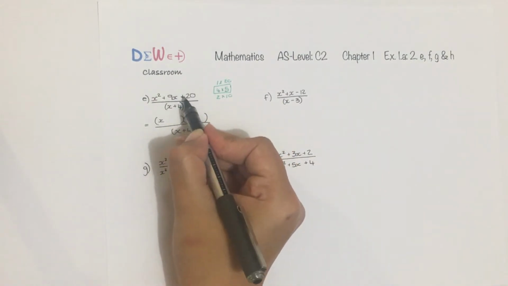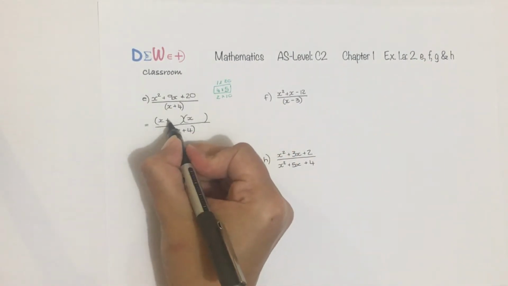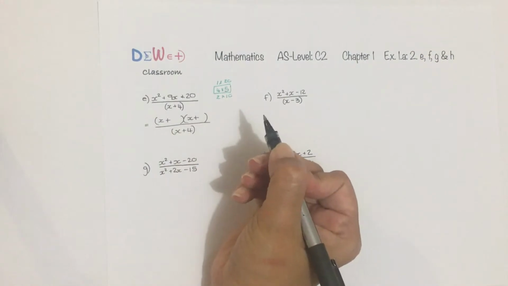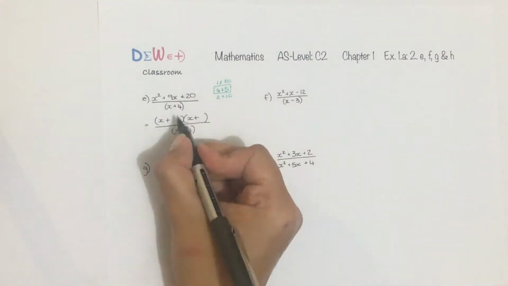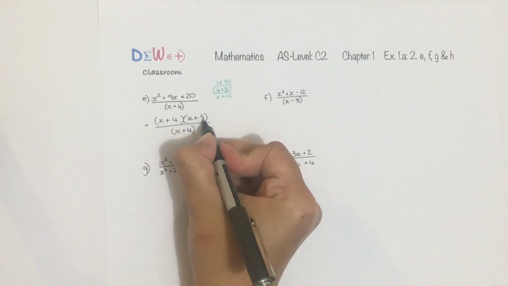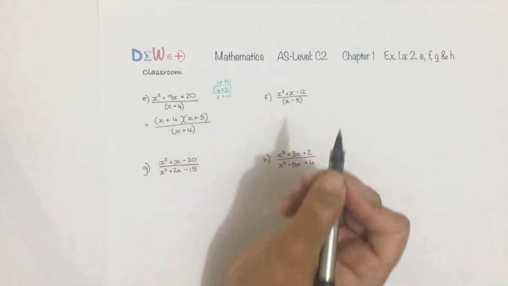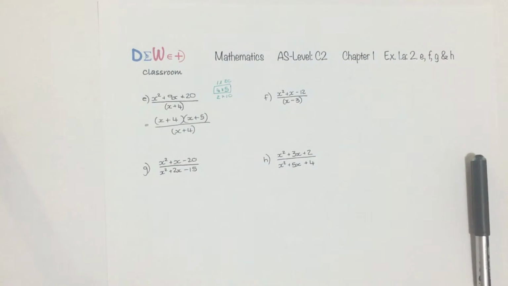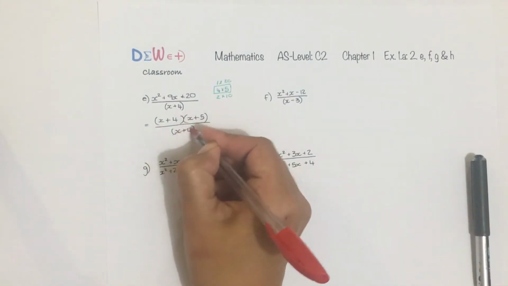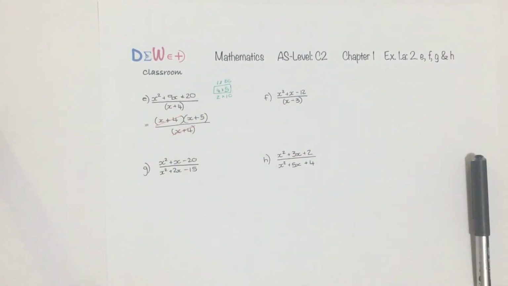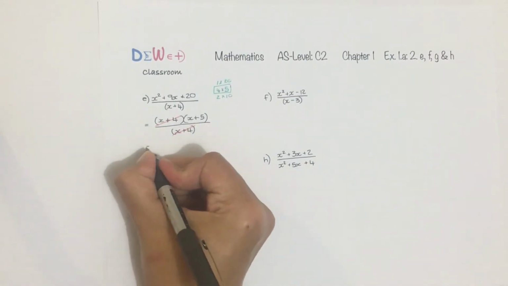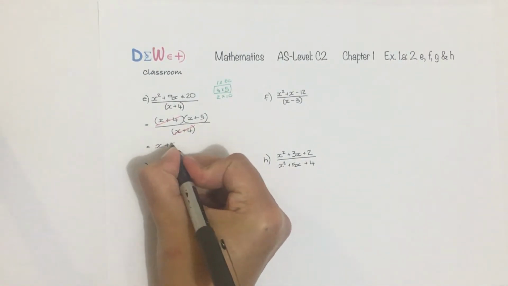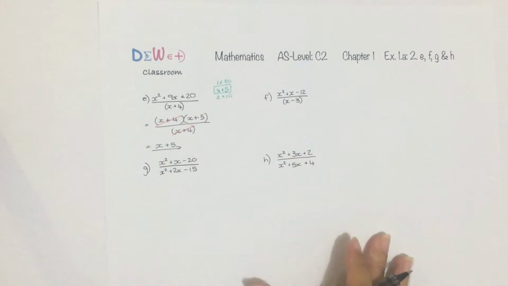Because the last one is a positive and this one is a positive, they are both going to be positives inside the bracket, and then we've got a 4 and a 5, our factors of 20. Okay, so we've got x plus 4 times x plus 5, all divided by x plus 4. And because we now have two of the same brackets, we can cancel them out, and our final answer would be x plus 5.